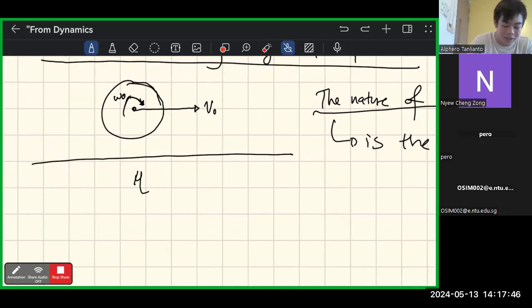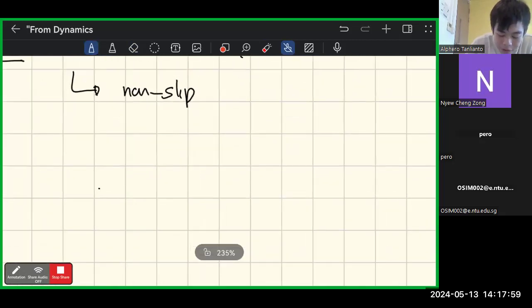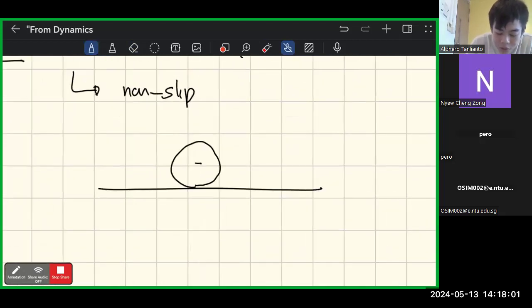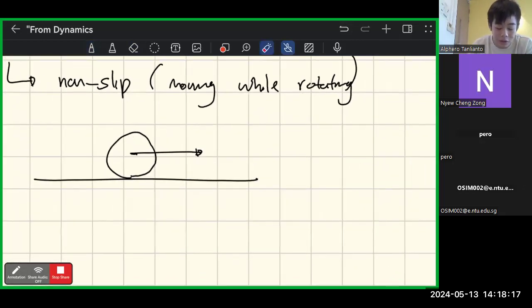So as I said earlier, if you have this thing rotating, I'll first explain what the non-slip condition is. If you have this thing that is moving while rotating, the non-slip condition is where you are moving while rotating at the same time, seamlessly.